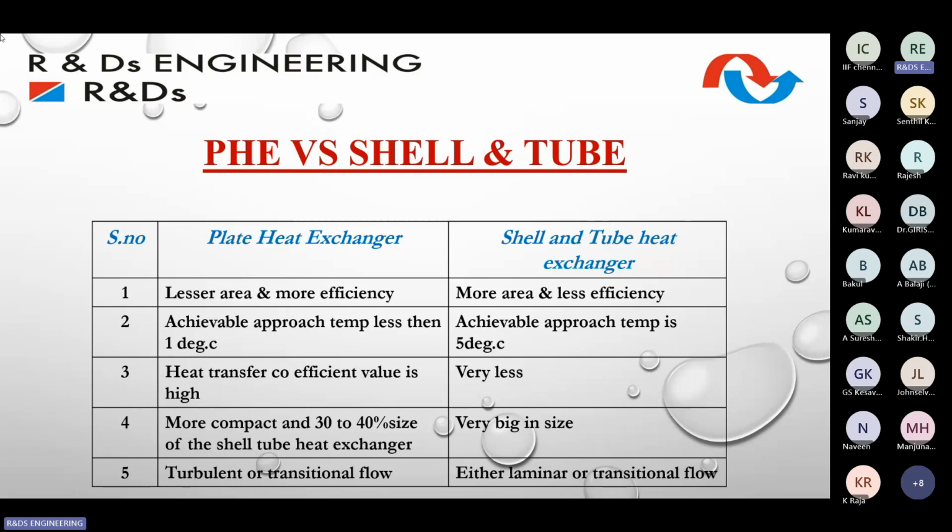This is more than sufficient to perform the same duty. This is happening because of the high turbulence and the plate corrugations and plate designs. So that is the reason, in terms of size, it is one third of the shell and tube heat exchanger.